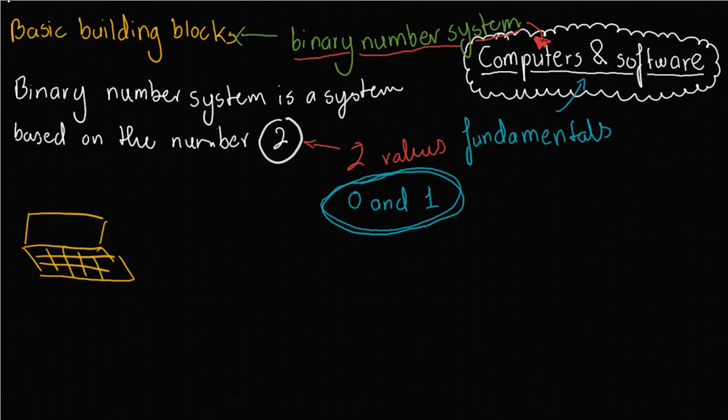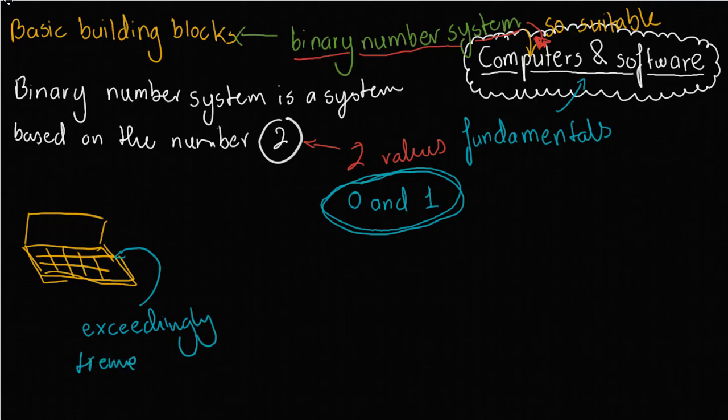And the reason why the binary number system is so suitable for computers is that, first of all, inside computers there is an exceedingly tremendous number of tiny switches.